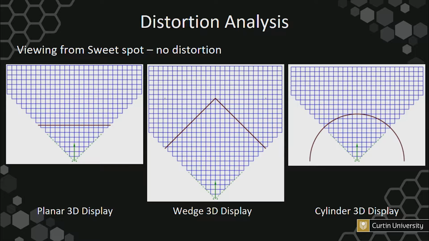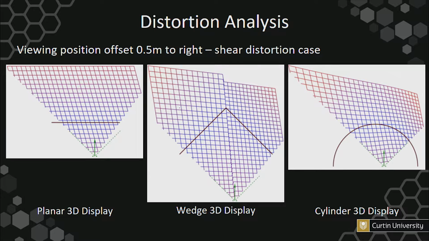And then in front of the viewer, we just lay out a grid which has got 10 centimetre squares. Same thing for the wedge. In this particular instance, we're viewing it from this position, but we've got another one of the simulations views it from that position as well. It doesn't really matter where you view it from, but we can simulate it. And then the cylindrical 3D display is from that centre point of the cylinder.